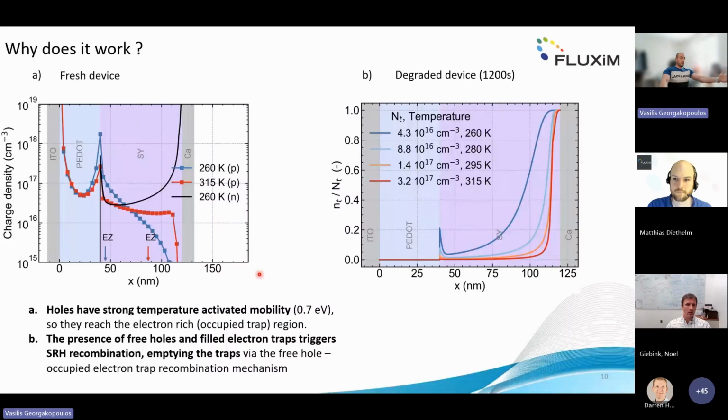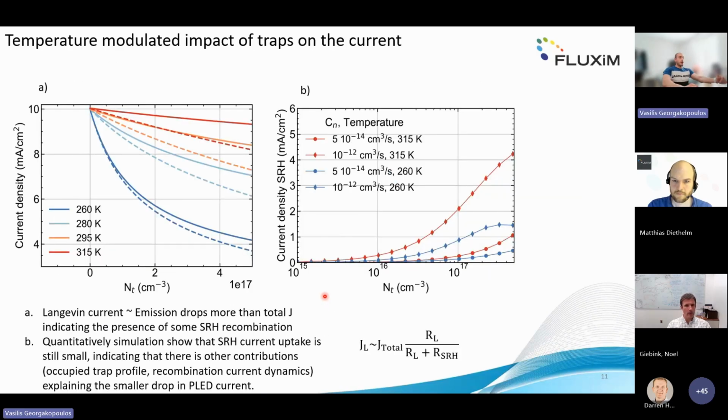And this is because of SRH recombination. So there are free holes that recombine with trap electrons, emptying the traps. And we can also plot cumulative plots to understand this. We can see the SRH recombination at higher temperatures starts to pick up.